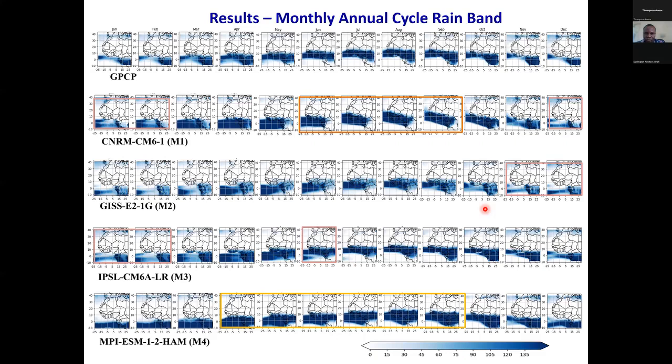So all that we are saying is that the rain band is the area with 50% anomaly in rainfall, and the heat band is also a 50% anomaly in temperature. So it is anomalous temperature or anomalous rainfall.